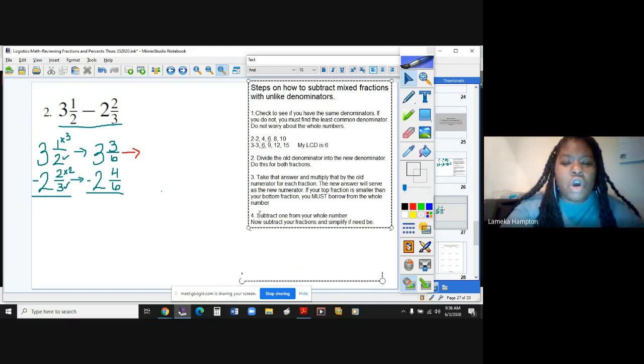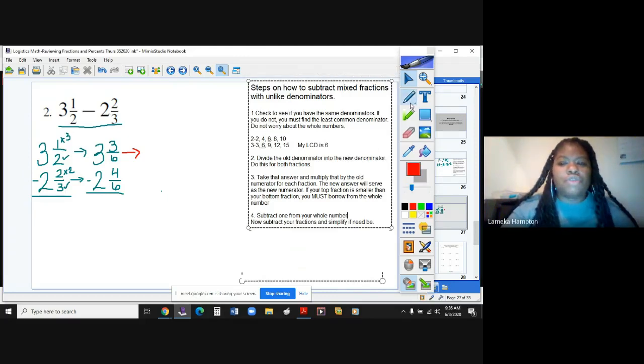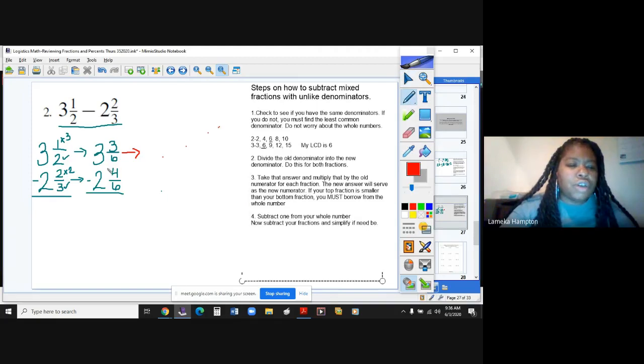Subtract 1 from your whole number. So that's exactly what I'm going to do. I am going to subtract 1 from my whole number. So 3 minus 1 gives me 2. So now my whole number has gone from 3 to 2.